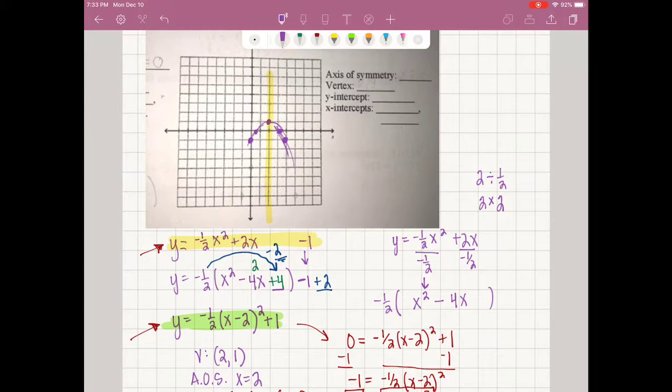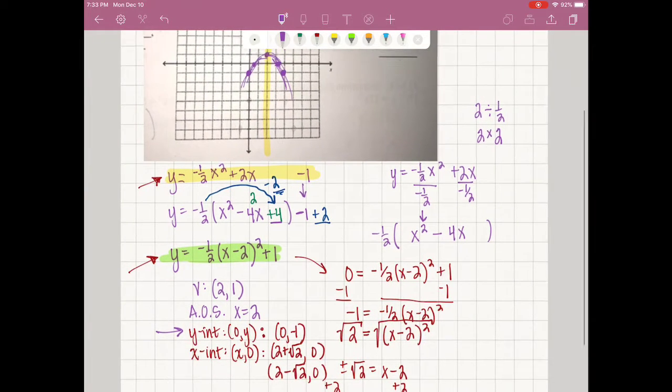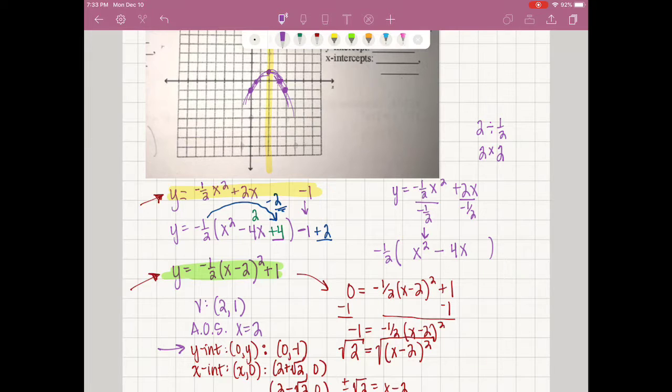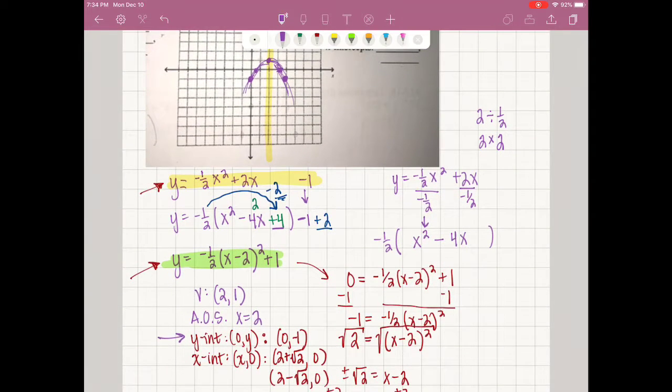Because of that 1/2 there, that kind of is going to have me put values in that are, did I do that right? 2 plus 1.4-ish, 2 minus 1.4-ish. My graph just looks weird.